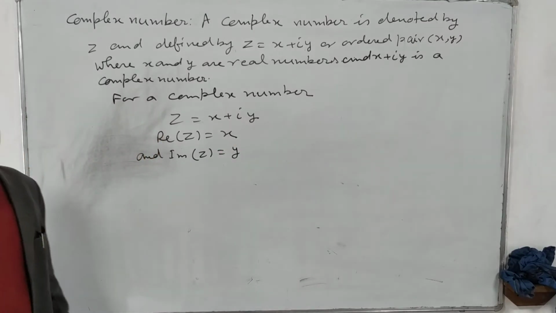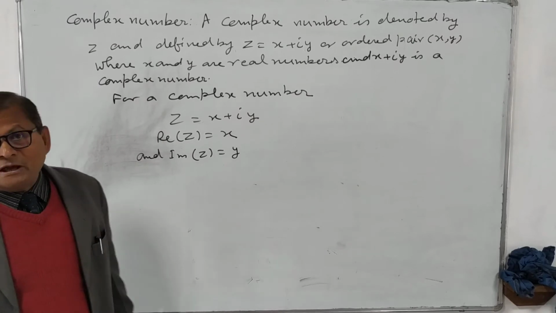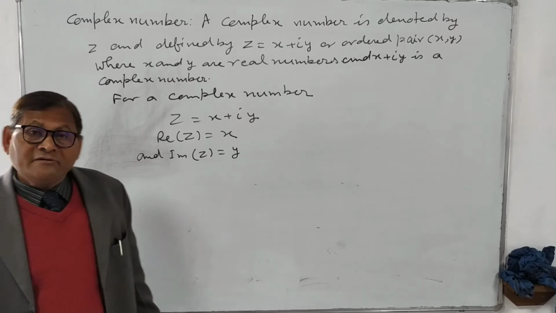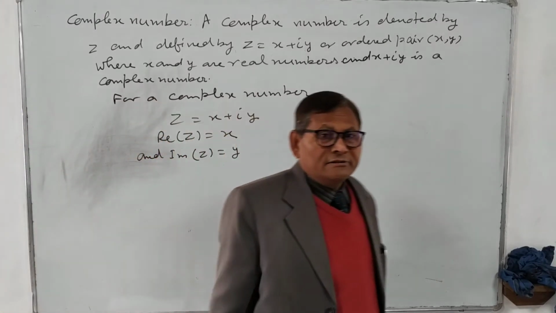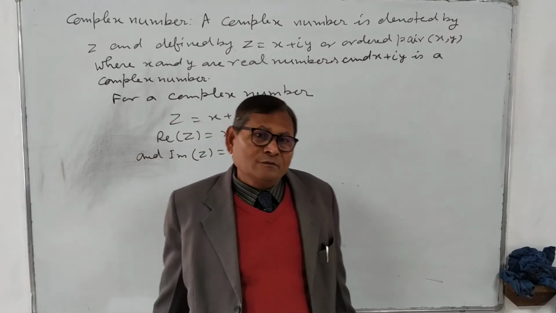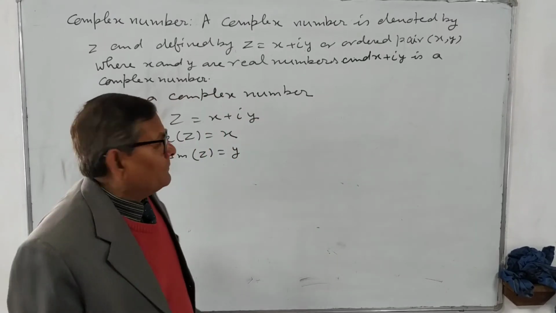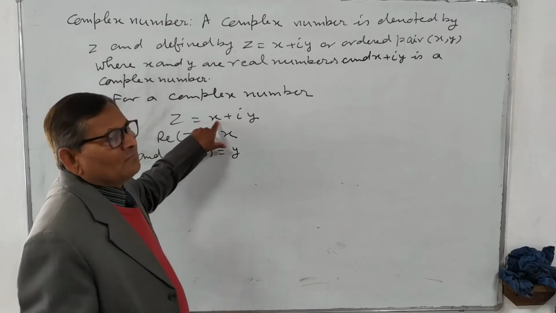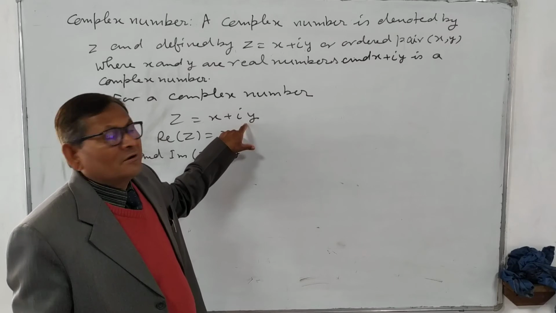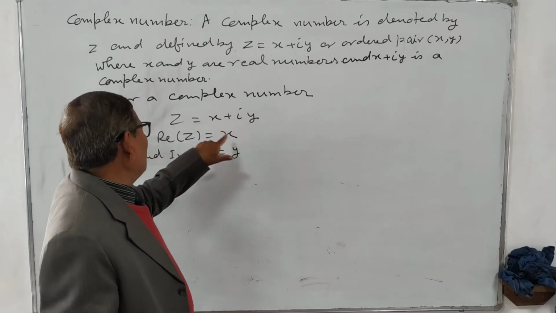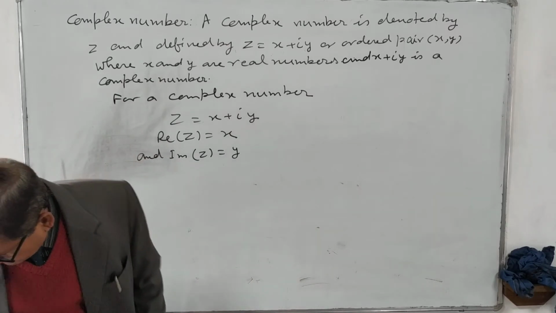The term in which i is present, i is multiplying y, so the imaginary part is y; we are not taking i in the imaginary part. i shows only the imaginary terms of the complex number. This is the real term of the complex number and this is the imaginary term of the complex number. Real part of z is x and imaginary part of z is y. You remember that.